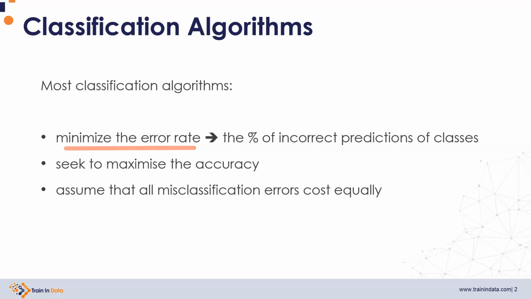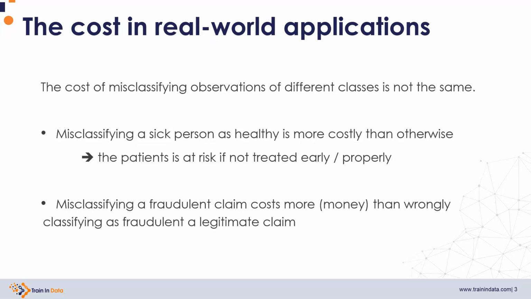That is, these algorithms pursue to minimize the percentage of incorrect predictions. This is equivalent to saying that they seek to maximize the accuracy. So intrinsically, these algorithms ignore the difference between the types of misclassification errors. In particular, they implicitly assume that all misclassification errors have the same cost.